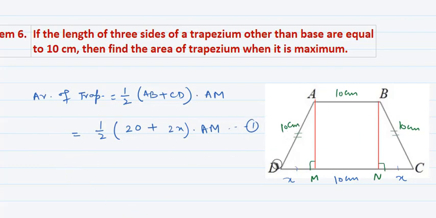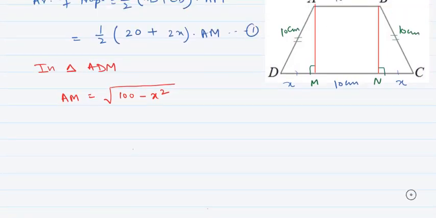Now in right triangle ADM, we have AM equal to square root of 100 minus x square. Here we have simply used the Pythagoras theorem. Now putting this value of AM in expression 1.